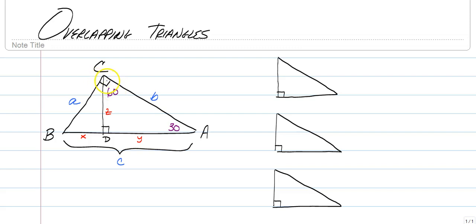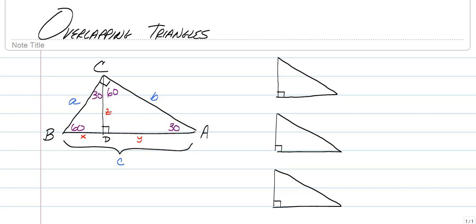If this top angle is 90 degrees, and this part is 60, this guy's got to be 30. Which means this guy down here has to be 60. So you will see that this angle is going to be congruent to that angle up here, and this top angle on this triangle is going to be congruent to the bottom one down there.